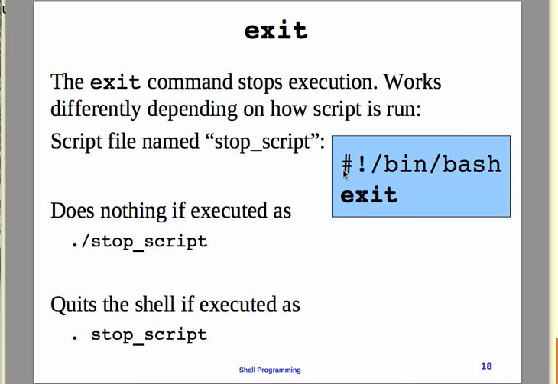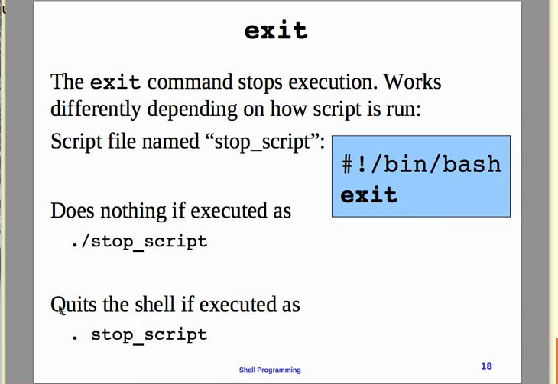Okay, so that's fine. That works exactly like it was intended. You can put in exit 0 or exit 1, any number you want, and it doesn't matter so much because it's the only line of code and you're not going to use it for anything else. Okay, so that's good. But here's the problem.